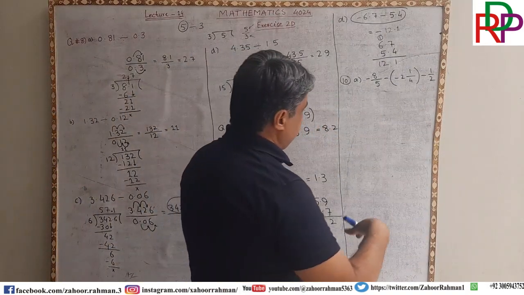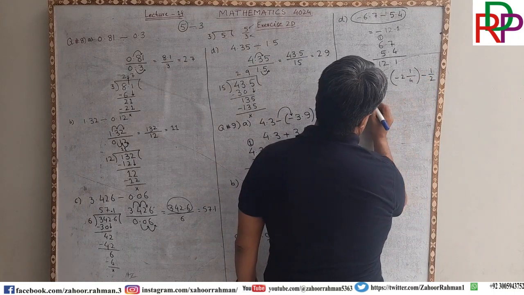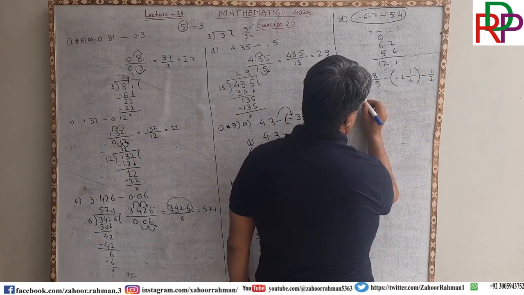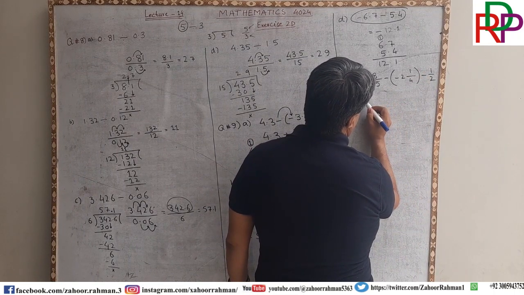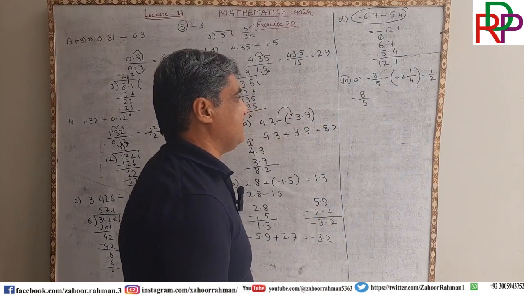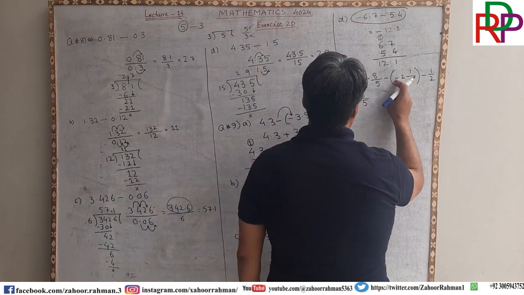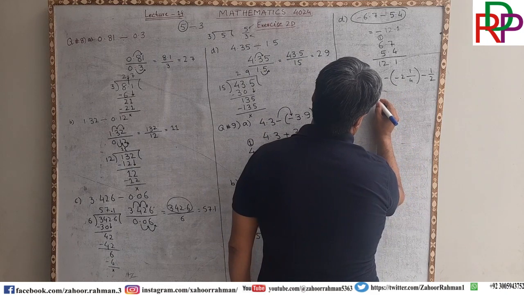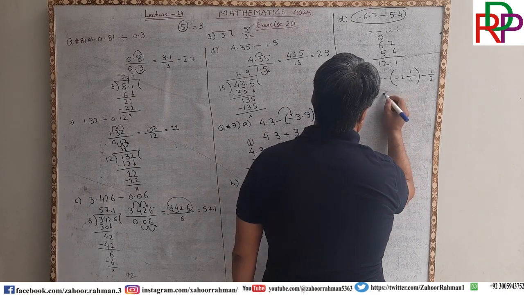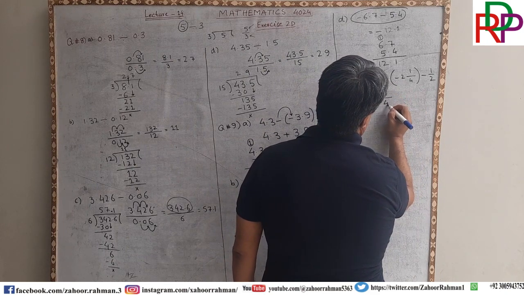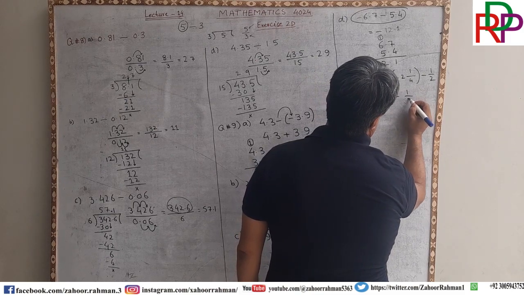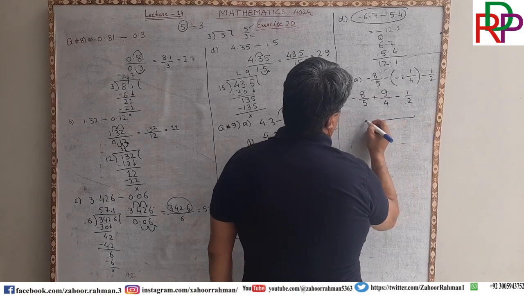So ladies and gentlemen, first we have to remove this mixed fraction. I will write this one as it is, and then this minus will be multiplied with this minus, plus, and that will be 9 divided by 4 and minus 1 over 2.